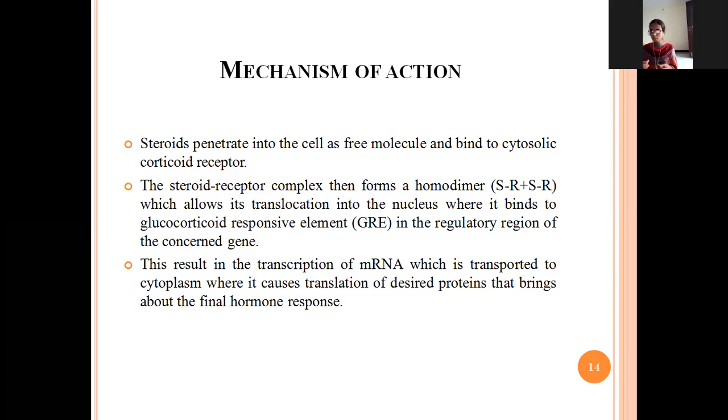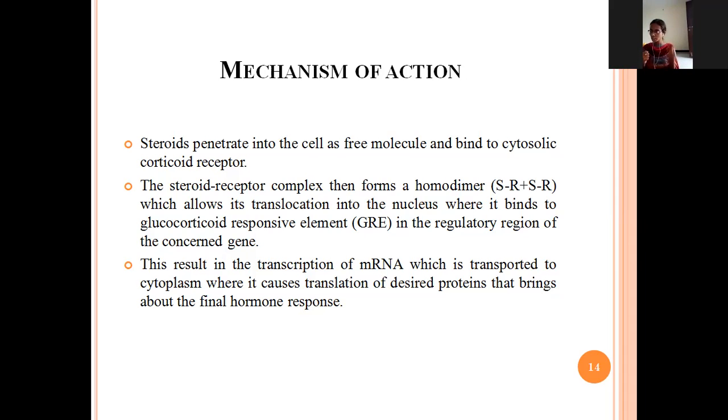So what is it? The steroid will penetrate into the cell freely, and it will bind to the specific receptor, that is the cytosolic corticoid receptor. Once the steroid receptor complex has been formed, it forms a homodimer, and it allows translocation into the nucleus, where it binds with the glucocorticoid responsive element in the regulatory region of the gene.